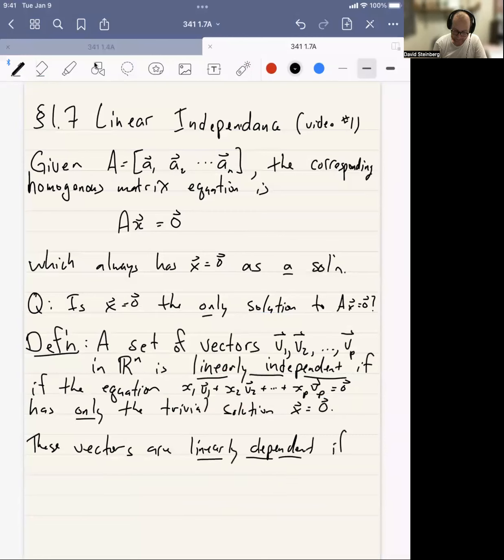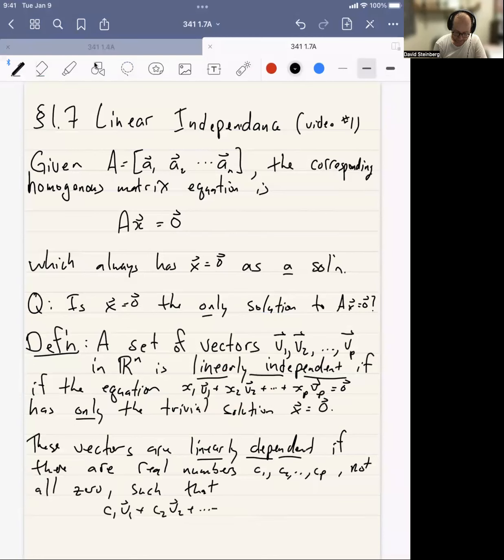if there are real numbers c1, c2 up through cp, not all 0, with the property that c1 v1 plus c2 v2 all the way up to cp vp is equal to the 0 vector.